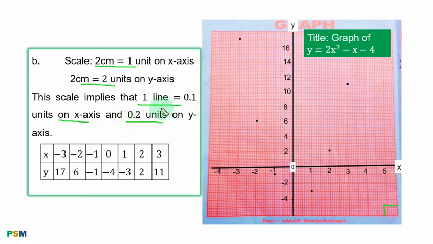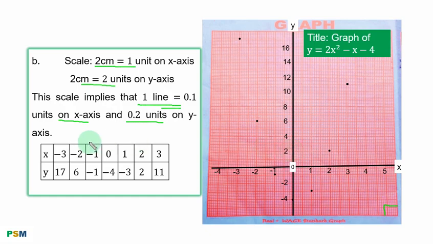To get this value from here to here, you have 10 lines. So you divide the number of units by number of lines. That is 1 divided by 10. You have 0.1. If you come here, you divide 2 by 10, you have 0.2.